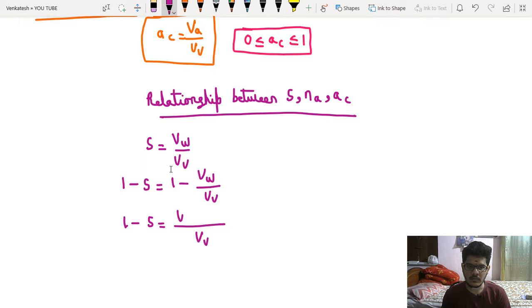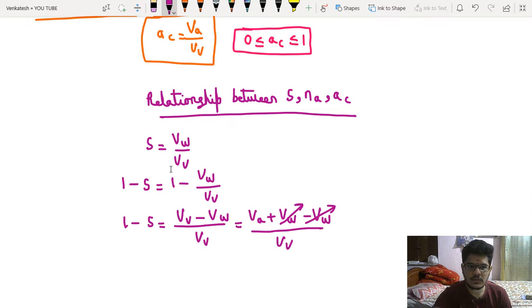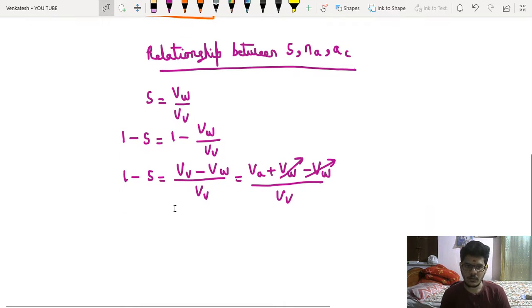VV minus VW by VV, since volume of voids is nothing but volume of air plus volume of water. So this is cancelled and this will also be cancelled. So 1 minus S is equal to VA by VV.